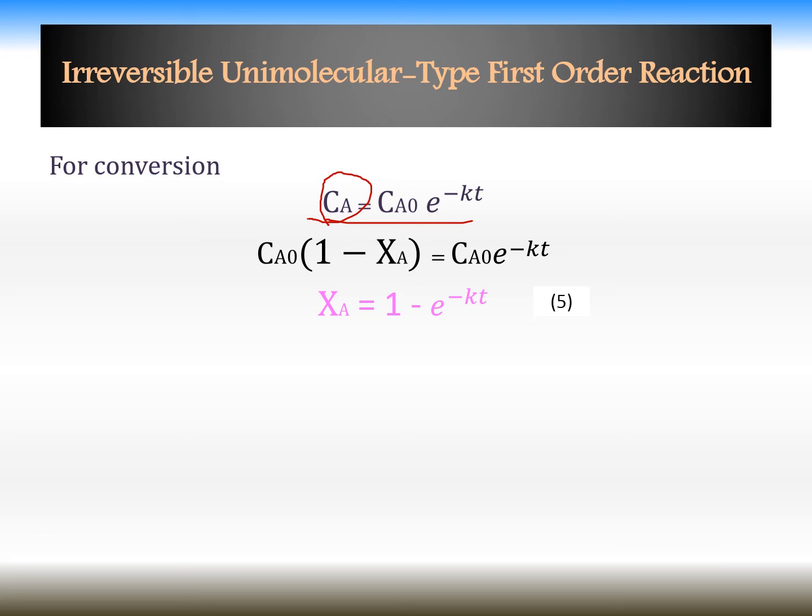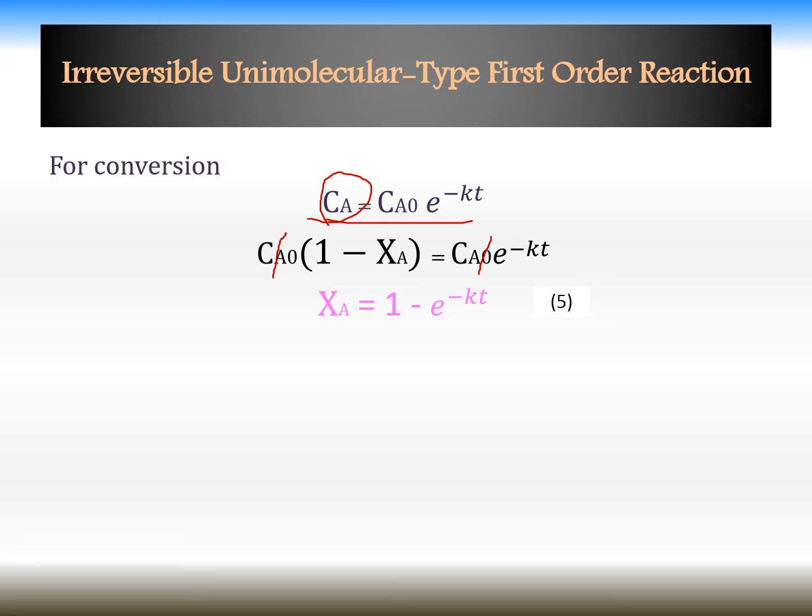By solving this, C_A0 and C_A0 will cancel out, and making X_A the subject, by shifting all the terms to the right hand side, the equation we get is X_A equals 1 minus e to the power minus kt, which has become equation number 5.